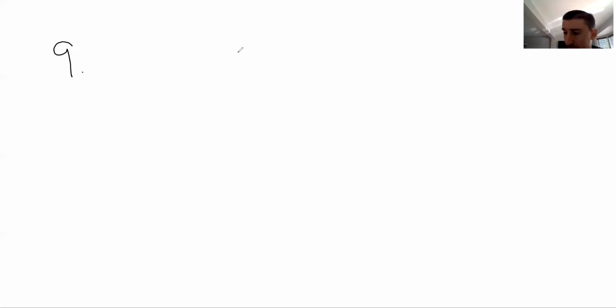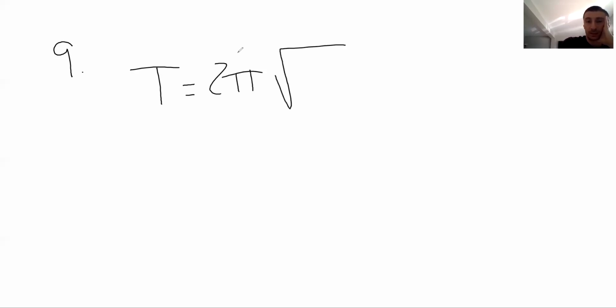All right, so what we have to do is look, you're looking for a period. The clock uses the period, which is going to be equal to a second, or however the clock keeps time. So I increase the length as the temperature increases, and I have to see what an increase in the length would do to the period. My period is equal to 2 pi square root of L over g.